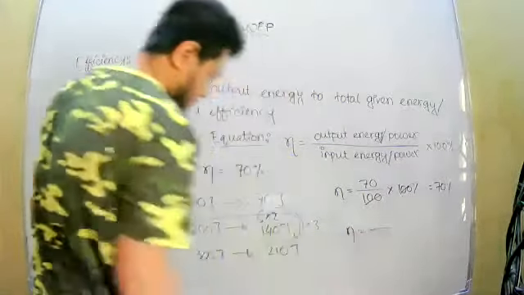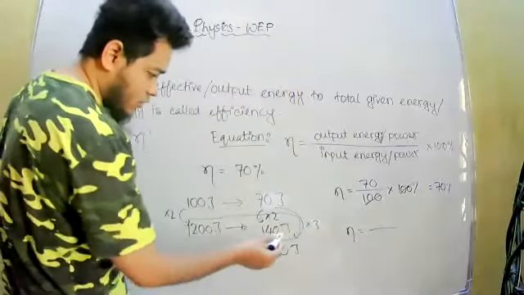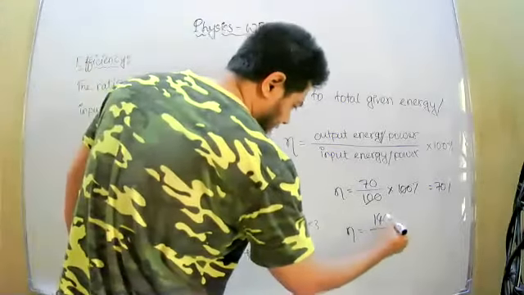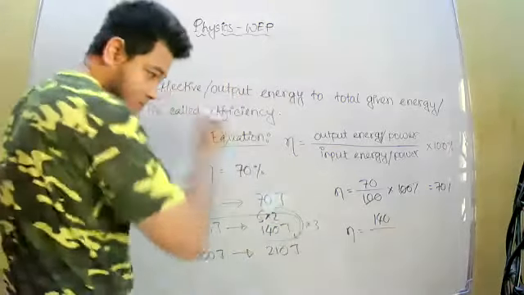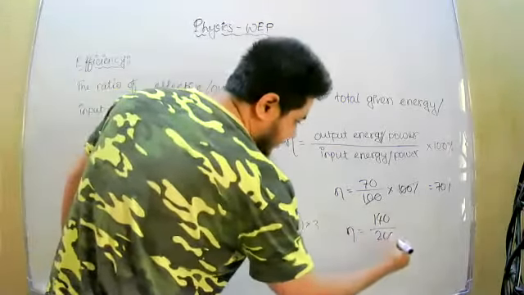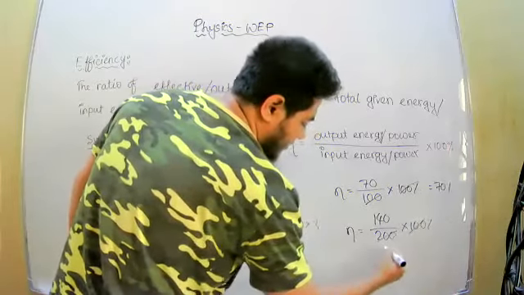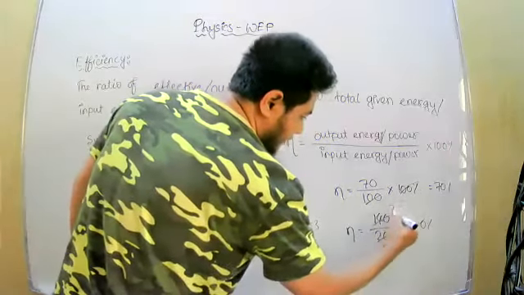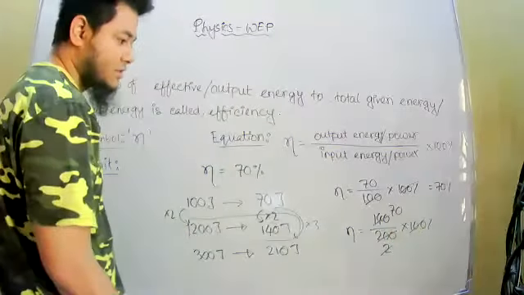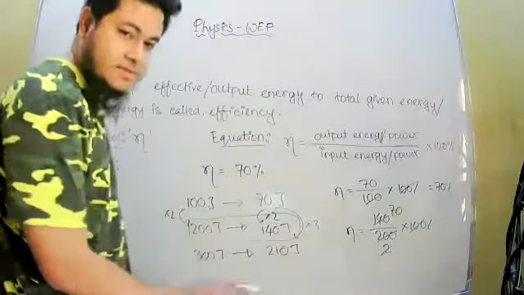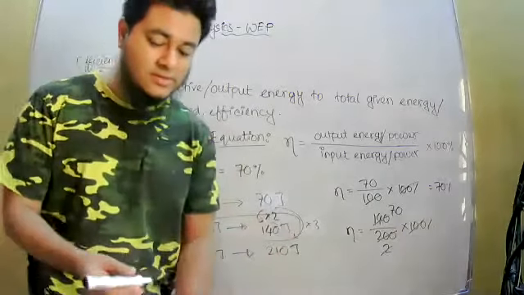Eta is equal to you got 140 joule back divided by input energy 200, into 100%. So 100 divided by 200 gives 1 by 2, 140 by 2 is 70%. So if you continue like this, in each case you will get that the efficiency is 70%.